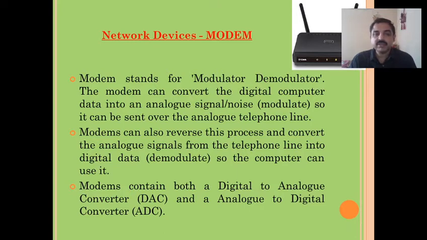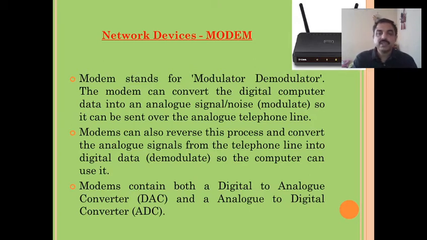Modems can also reverse this process and convert the analog signals from the telephone line into digital data so the computer can use it. So modems contain both a digital to analog converter, DAC, and an analog to digital converter, ADC. So analog to digital and digital to analog conversion is done with the help of a modem.